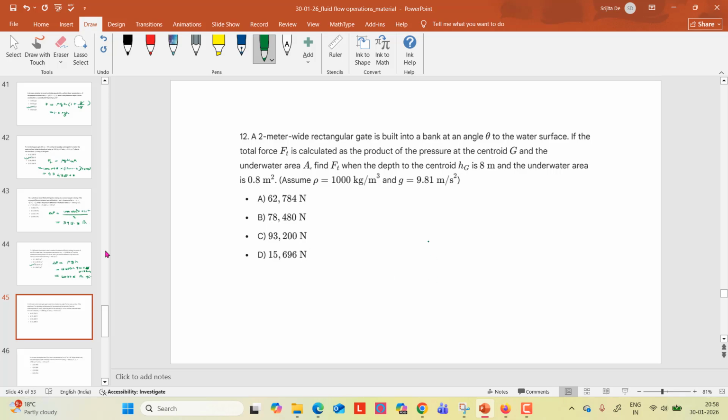So there is water and this is angle theta. And this G is 8 meter underwater. So what will be the Ft?